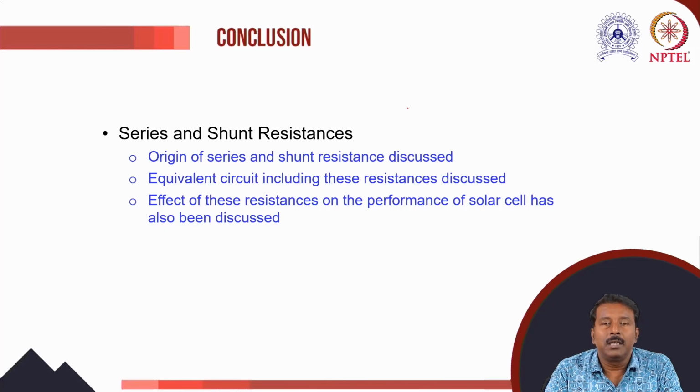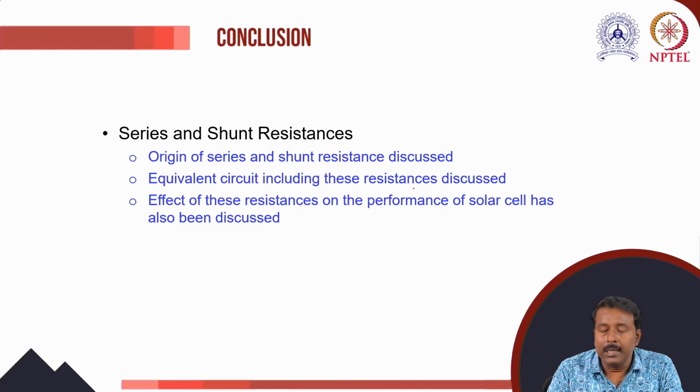So our intention will always be to reduce the shunt resistance and series resistance effects as much as possible. That means we have to have a very low value of series resistance but a very high value of shunt resistance. The ideal value of shunt resistance is infinite. The ideal value of series resistance is 0.